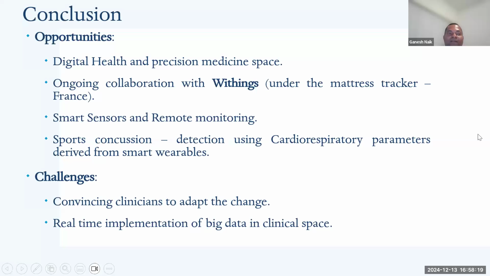So in conclusion, there are opportunities in biomedical space everywhere, because nowadays in India also there are lots of emerging companies in biomedical space, and especially with mobile based devices, there are so many solutions in terms of remote health monitoring.